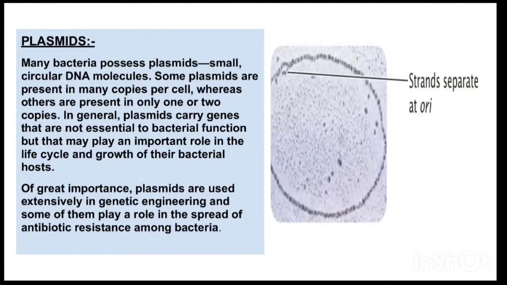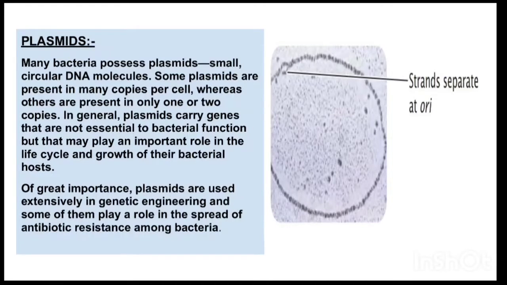Now we will talk about the plasmids, right? Many bacteria possess plasmids. Now what are plasmids? These are small circular DNA molecules present in bacteria. Some plasmids are present in many copies per cell, whereas others are present in only one or two copies.